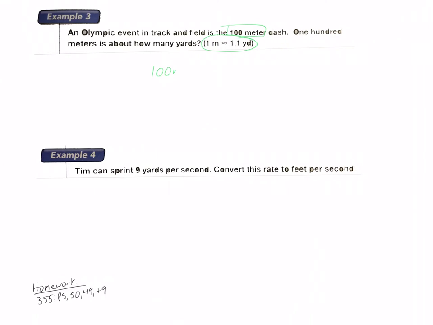So 100 meters, that's an M, I'm going to multiply by the 1 meter on the bottom and the 1.1 yards on top, because again I want the meters on the bottom to reduce with the meters on the top. So meters reduce with meters. On the bottom I have 1 times 1, so I don't really have to write that part. On top I have 100 times 1.1, which is 110 yards, because that's the only unit that is left there. 110 yards.